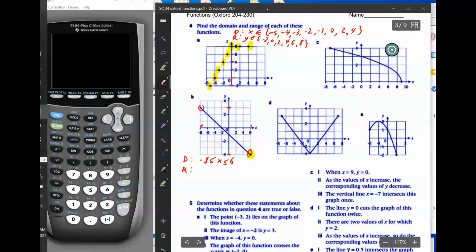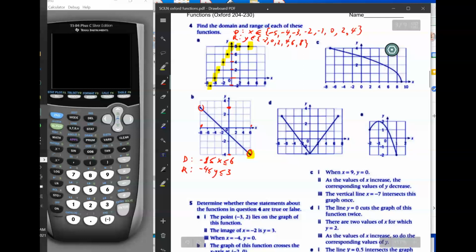The smallest value of y is negative 4, and the largest value of y is positive 3. Then we're going to put y inside an interval with less than or equal to also, because all the points in between are also included.